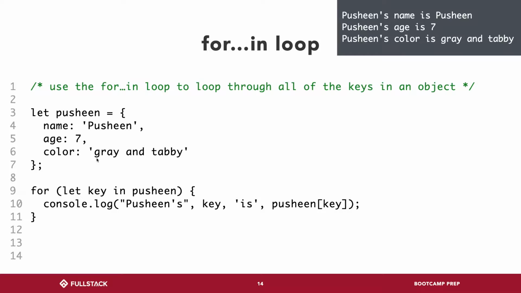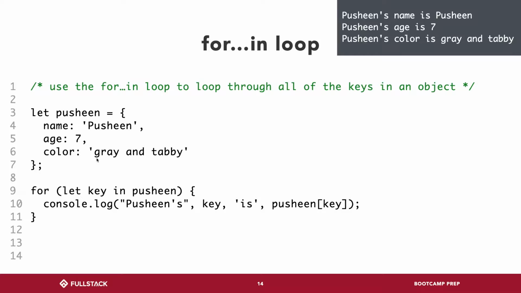It goes through each key in the object. It goes through one key value pair, the code runs, it's just one console log. It iterates to the next key, age. Then key is age, Pusheen at age is 7. Then it iterates again, goes to the next key. Does that make sense? It's not indexes, it's not 0 to the end, but it goes through every single key.